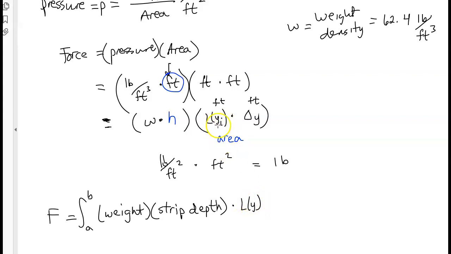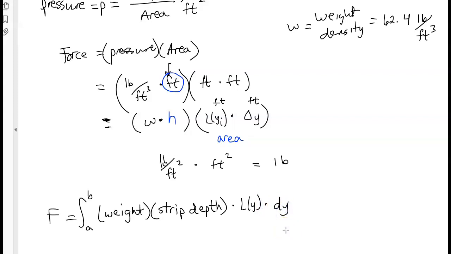So you see that that's the length across the triangular plate, in this case, at a given height h. And then this will be dy here.